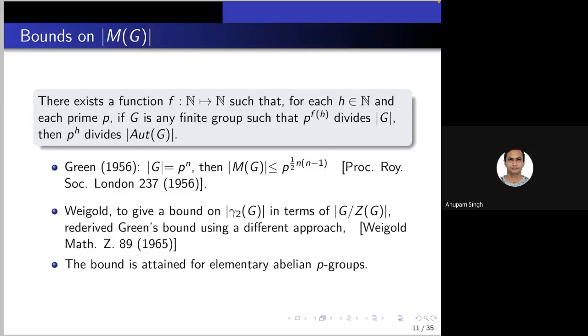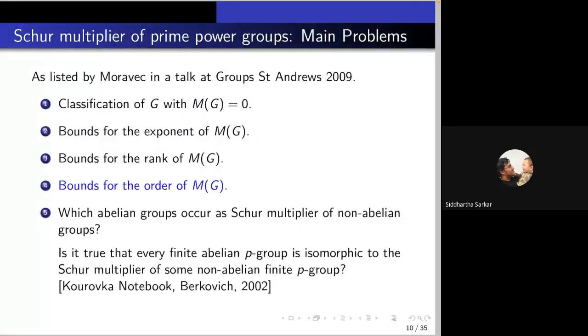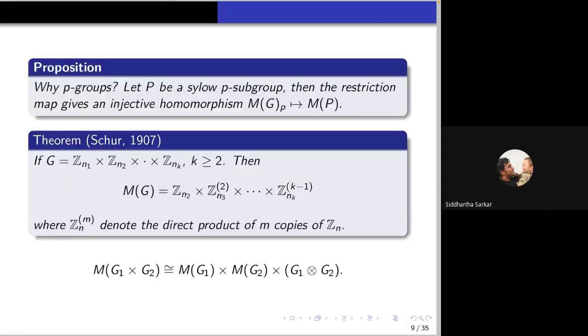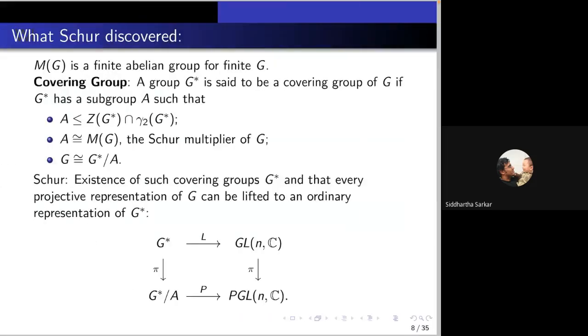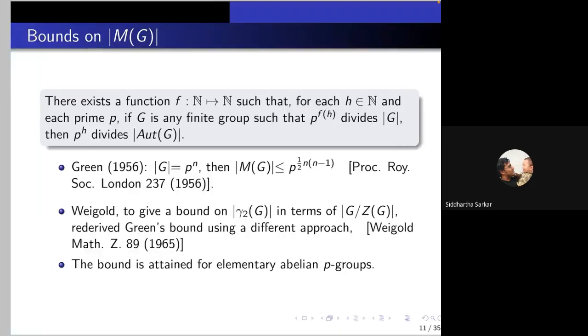Siddharth, your question? Yeah, Pradeep, I just wanted to ask something. On the previous slide, when you talk about the conjecture about the bounds, you mean how the bound grows with respect to the log of the order of the group? I mean, it could be unbounded above, right? So, have we talked about bounds? Yeah, this conjecture is in the next slide.